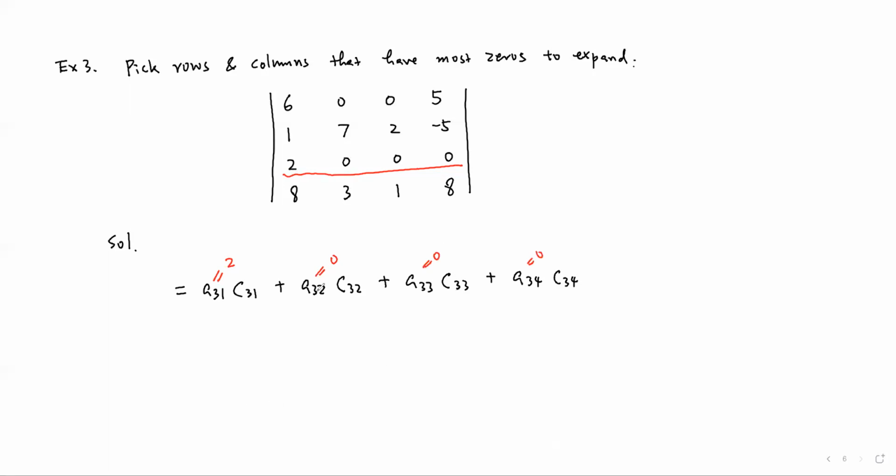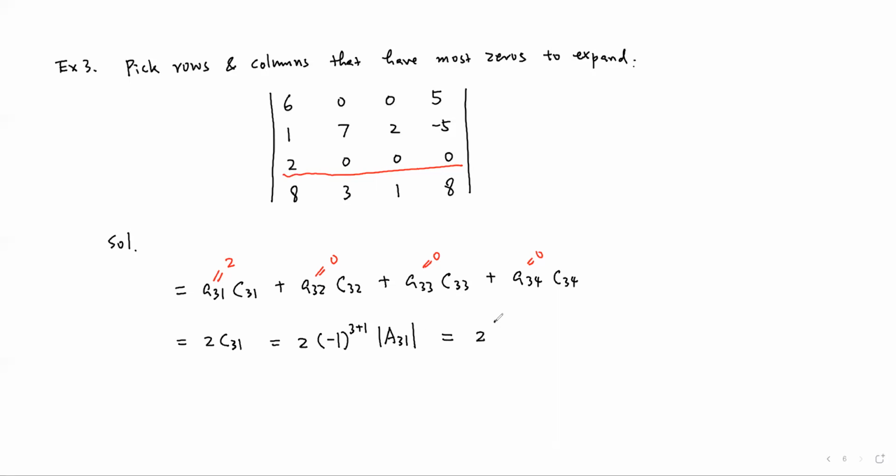So therefore, 0 times a number is 0. So this equals 2 times C31. That's it. Right? We don't need to compute the second, third, and fourth terms. Then C31 by formula is (-1) to the 3 plus 1, determinant A31. And this is (-1) to the 4th, which is +1.